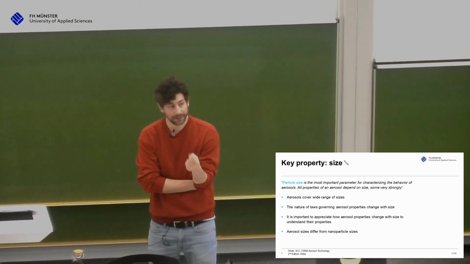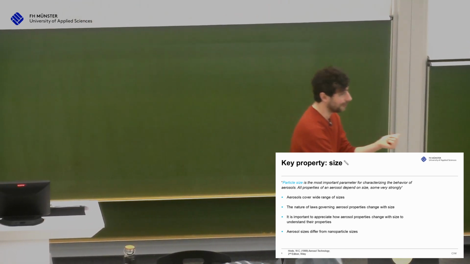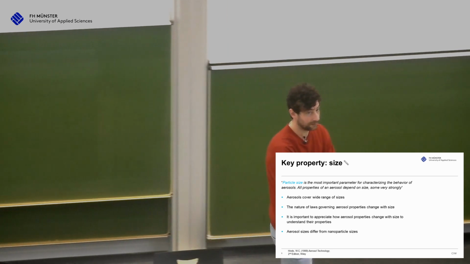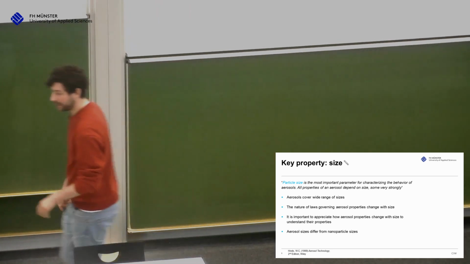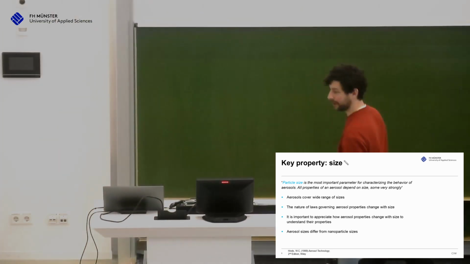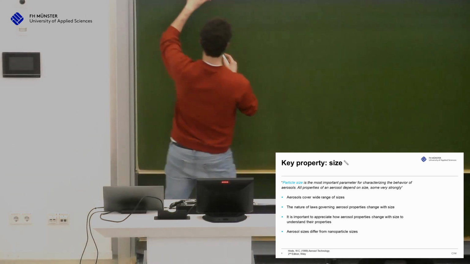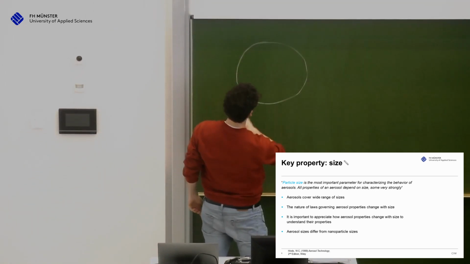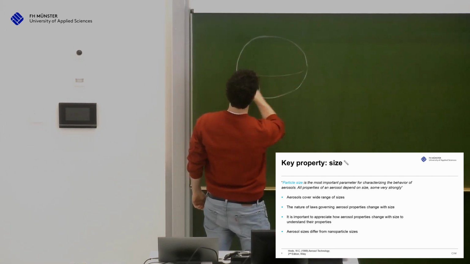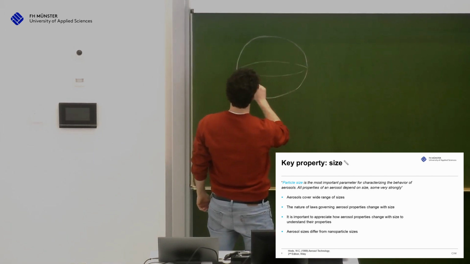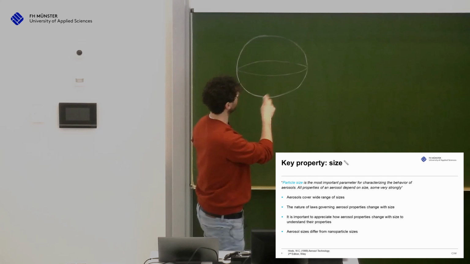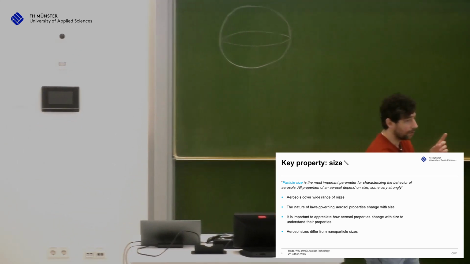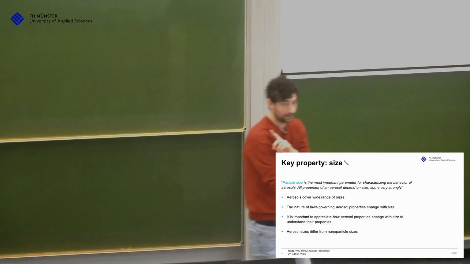So if it comes to gravity, gravity goes with the radius by, so if I have a particle, I will need it anyway later, so I try to make it now. And it's somehow a spherical particle. So how does the gravity go with the radius of this particle?